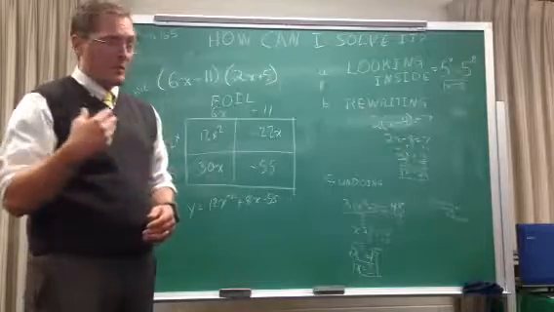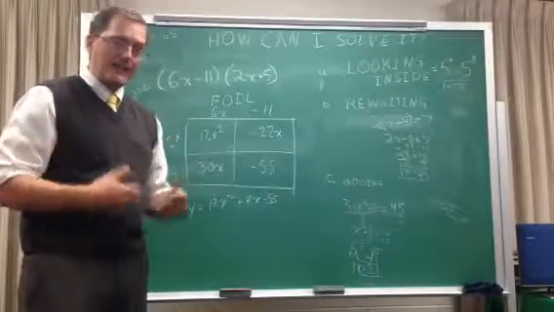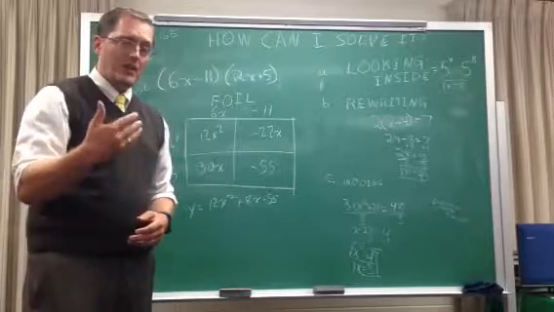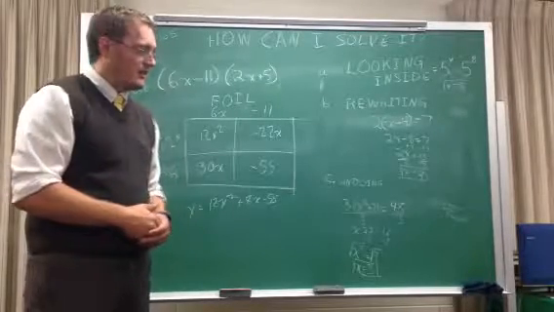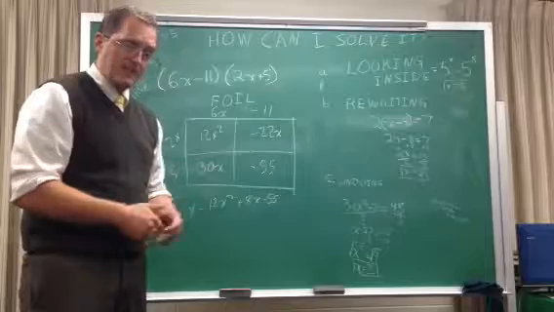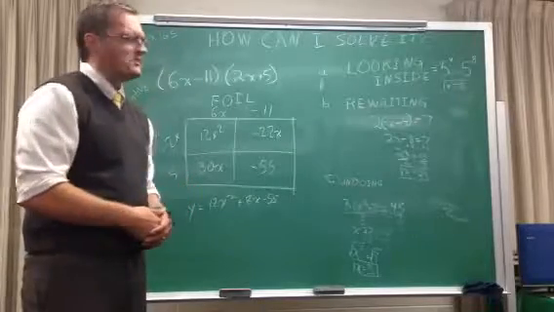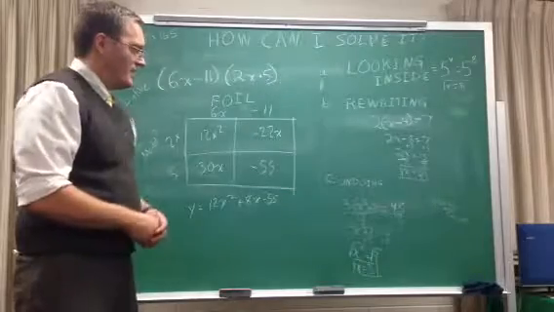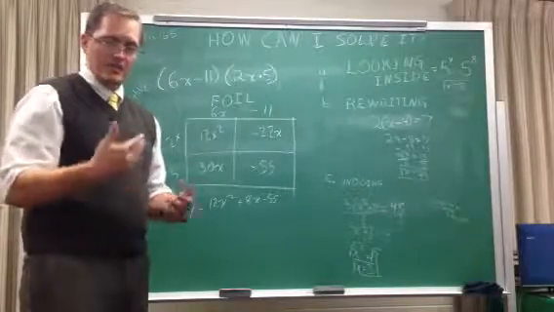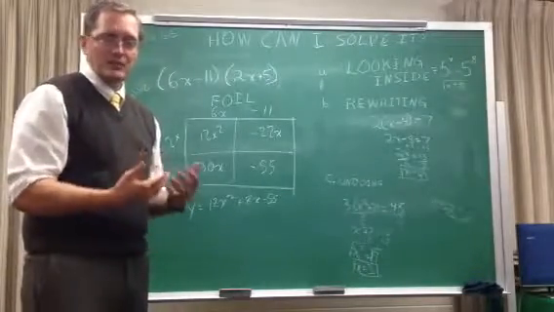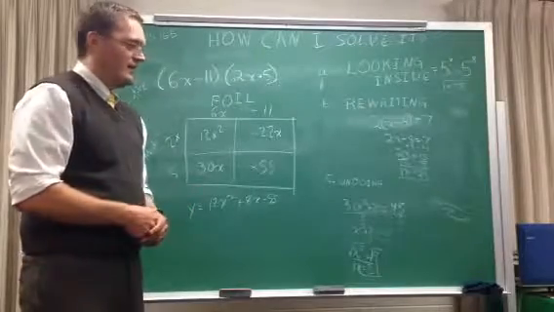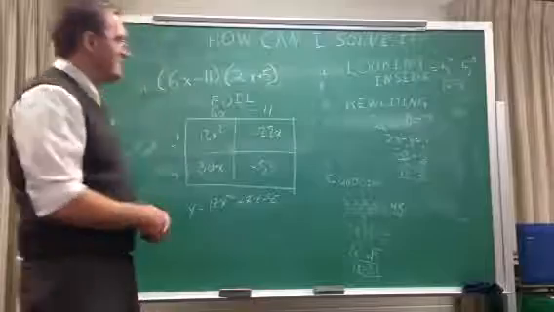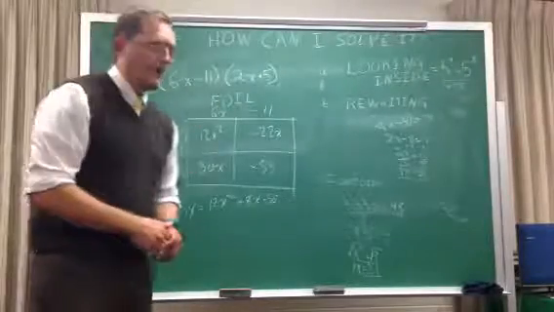At the same time, I'll be walking around, listening to vocab being used, making sure that the understanding is there, doing some informal assessments, and if need be, prompting by asking different questions. And so that would be the quick overview of how can I solve it.